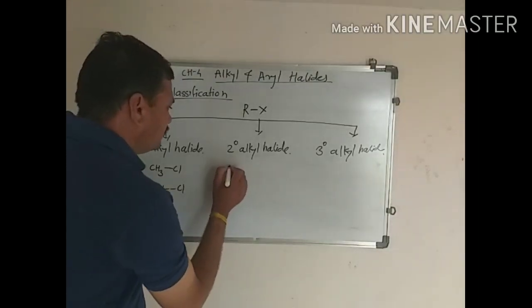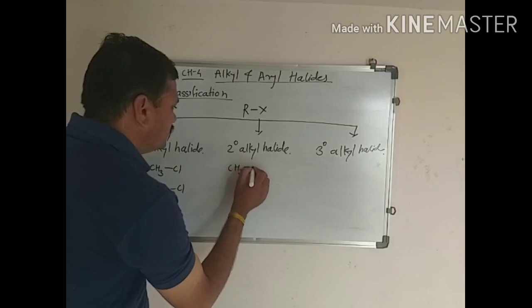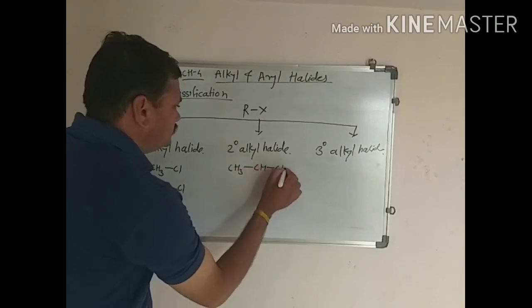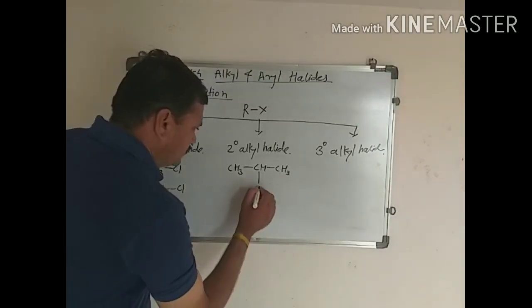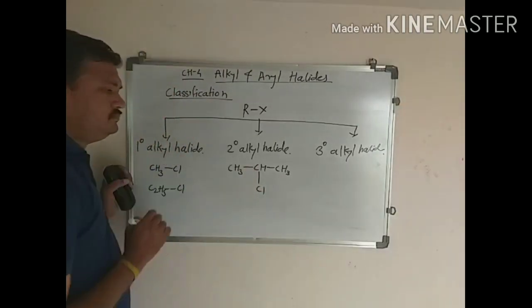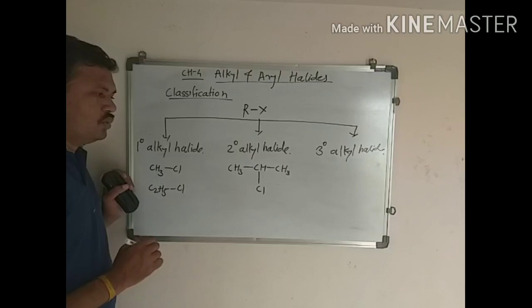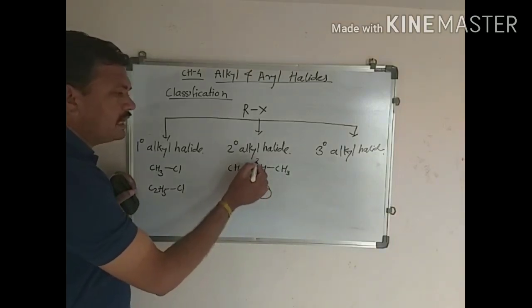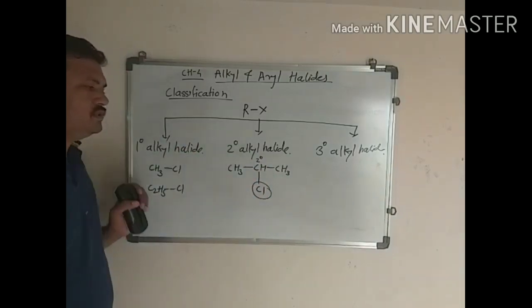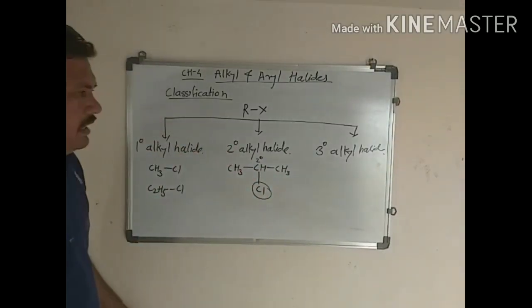For secondary alkyl halide, the halogen atom should be attached to a secondary carbon atom like this. It is isopropyl chloride, the halogen atom attached to secondary carbon atom, therefore it is known as secondary alkyl halide.